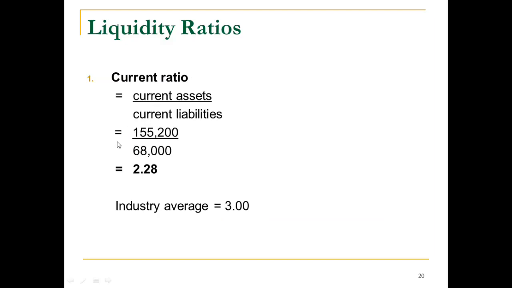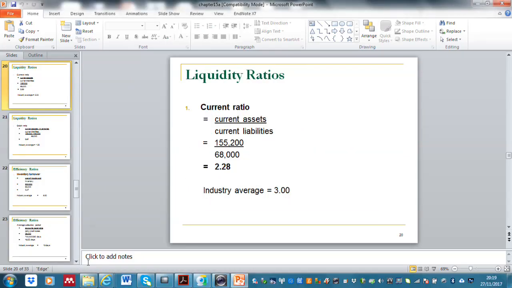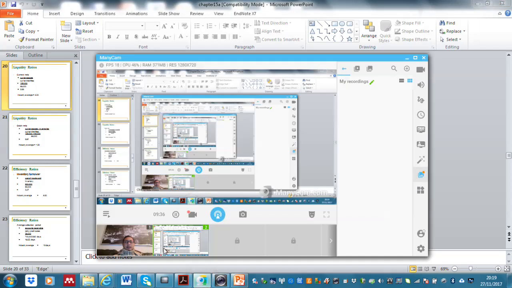So what is actually the best ratio here? As a rule of thumb, it's better to have a bigger current ratio, more than one, because it's stating that you have enough current asset to cover your current liabilities. So that is about the current ratio.